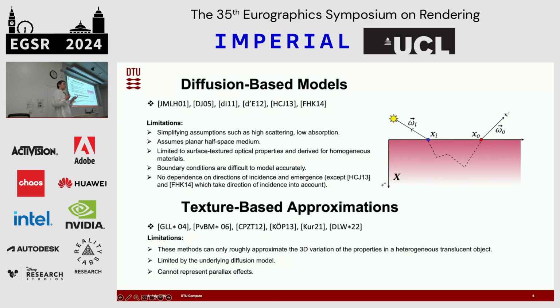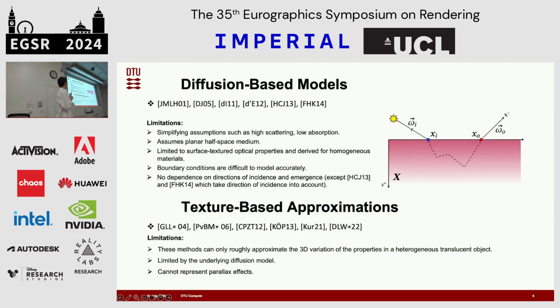Apart from this simplification, for diffusion methods we also assume that scattering is quite high and absorption is low, which means we have a really low free path.